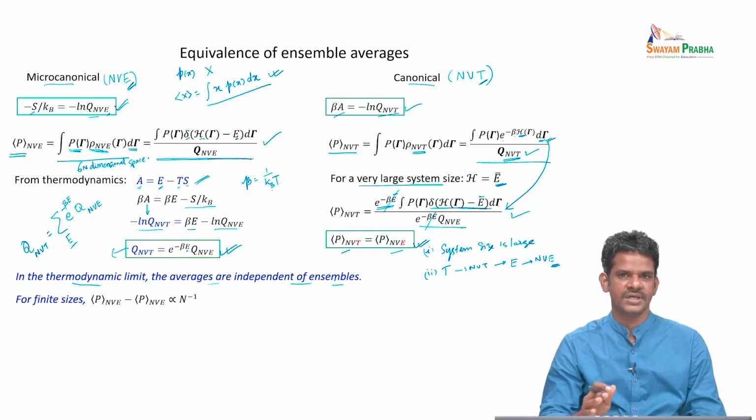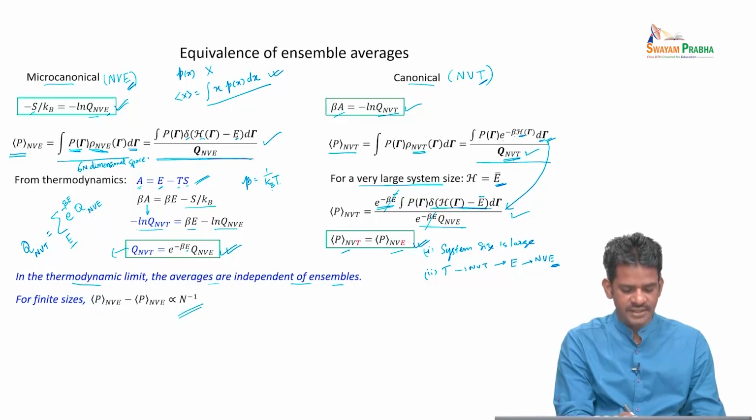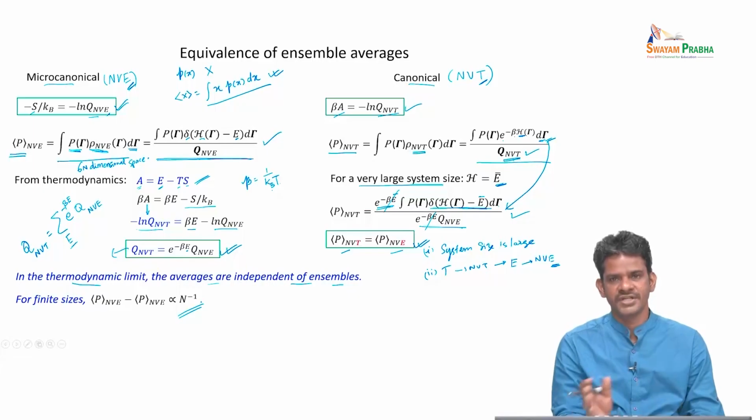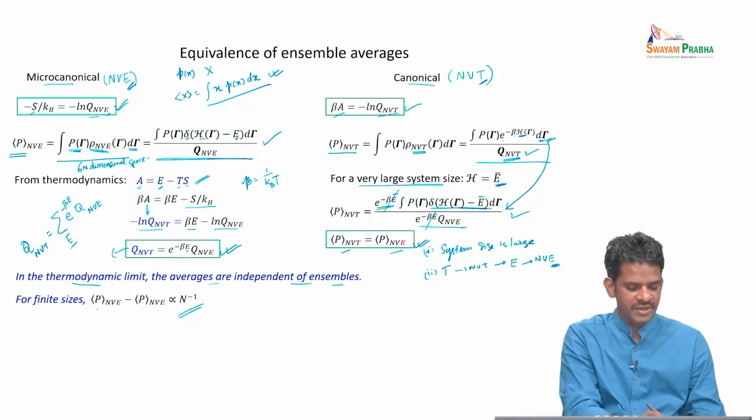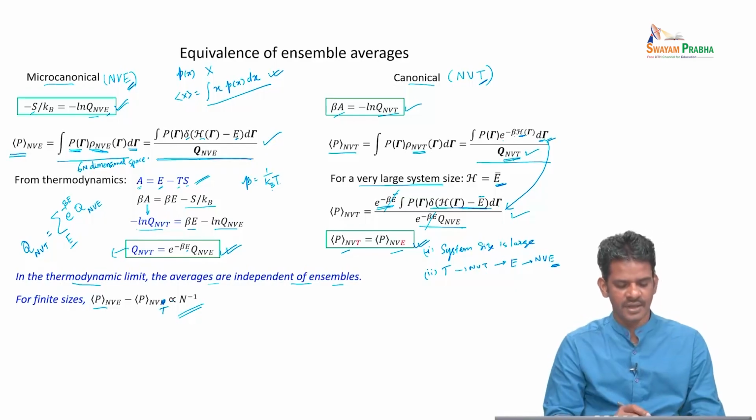Even though I have shown this here for pressure, you can actually write a general expression relating any property between two ensembles and relate their relationship. And if you do this analysis, you will also find that the difference between these measurements, let us say pressure measured in the NVE ensemble and pressure measured in NVT, this should have been NVT, and the difference goes as 1 by n, where n is the system size.